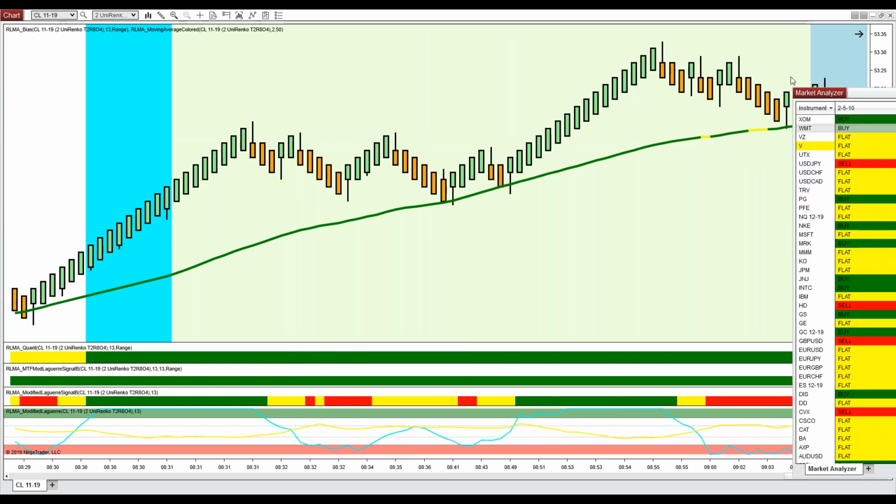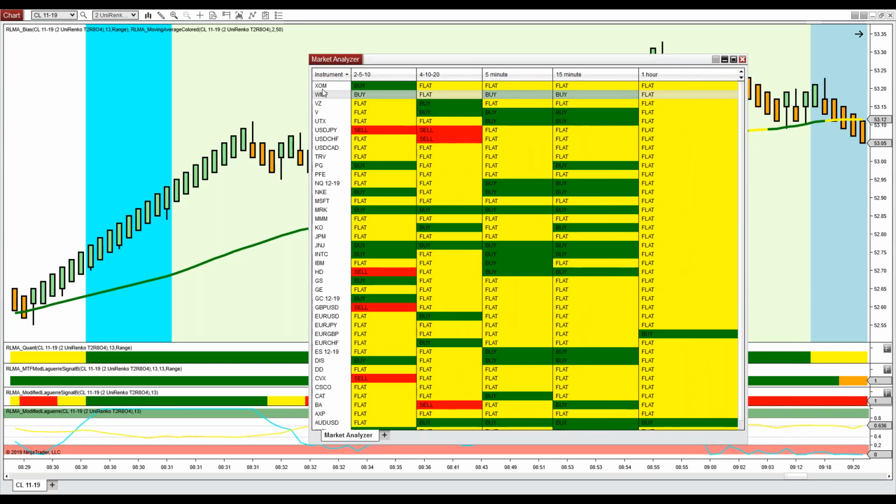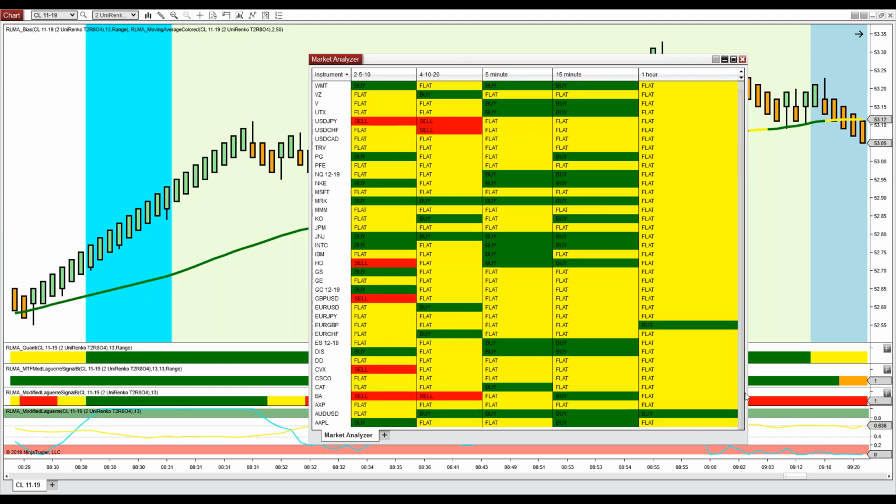I'll give you a brief look here. This is the Dow 30. I put in a bunch of Forex markets right here. There's more stocks, and we've got futures in here too.